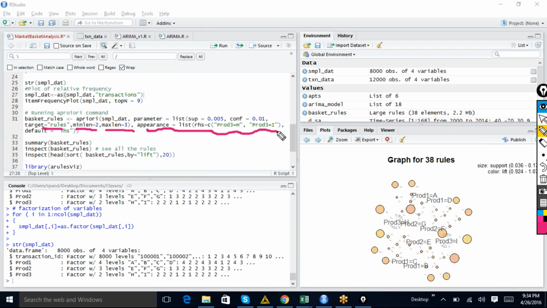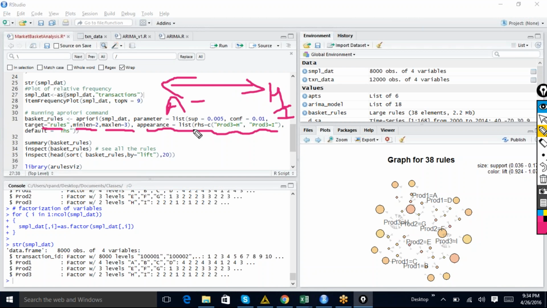Appearance, if I don't tell the appearance, what it's going to do is basically it will not differentiate between the right hand side and left hand side. It will say even when H was bought, what is the probability that A is going to be bought, right? So if I don't specify this, it's going to look in both ways. So if H and I were bought, what is the probability that A, B, C, D and all of those items were bought, right?